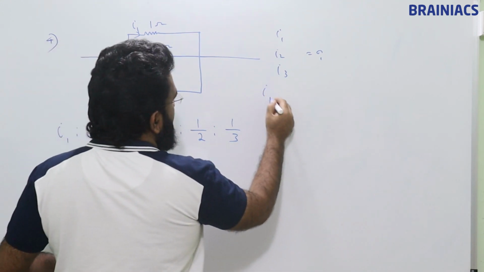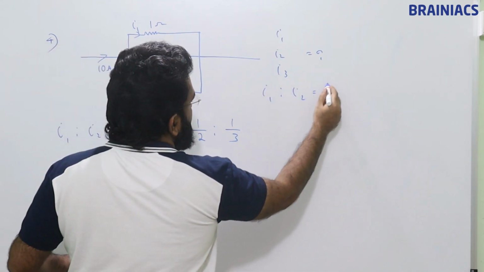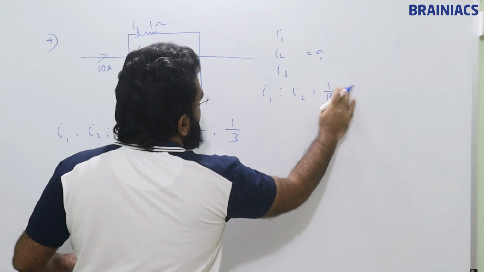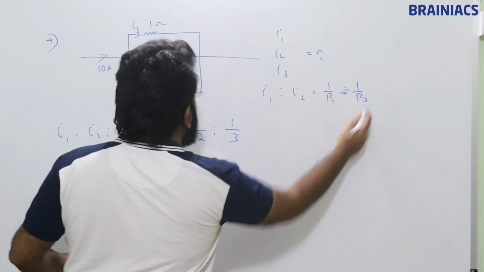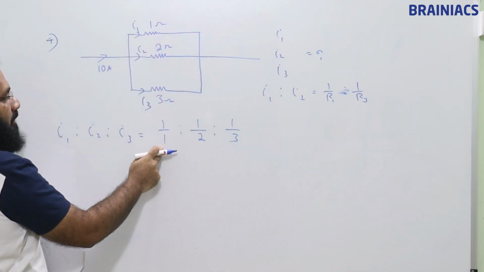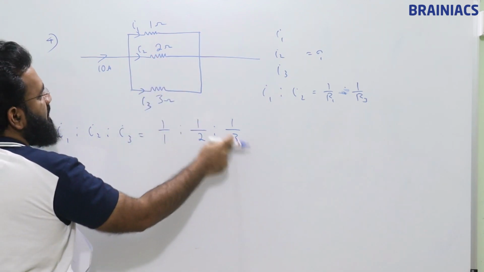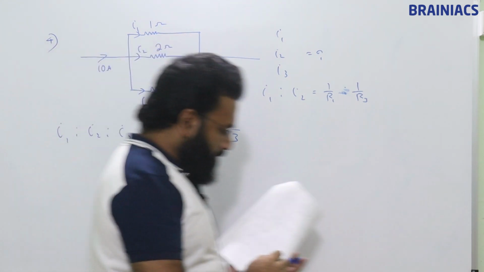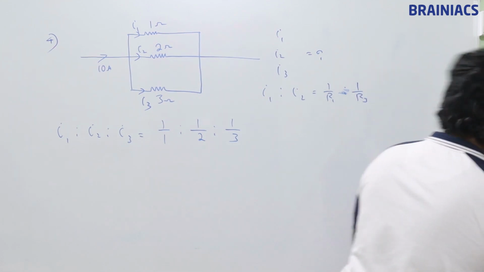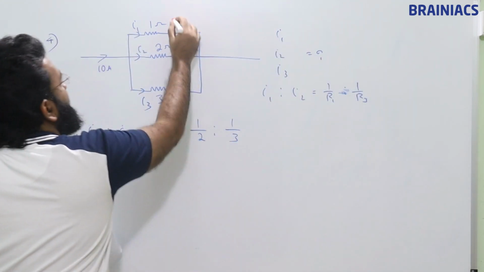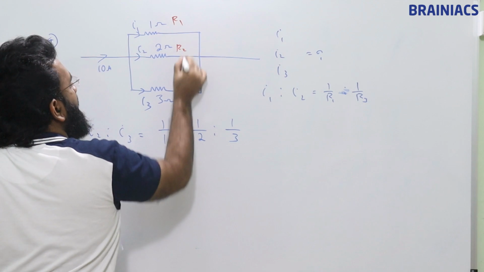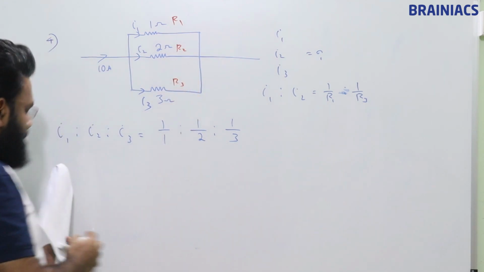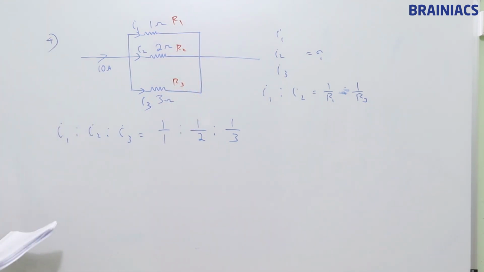I have taken R1 for I1, R2 for I2, and this is R3. So I am just naming these R1, R2 and R3. Now how to find the proper ratio?